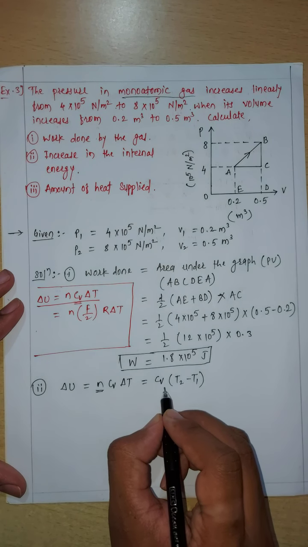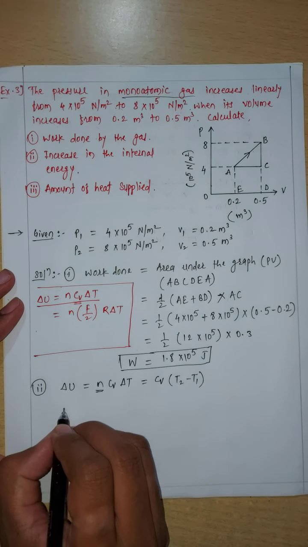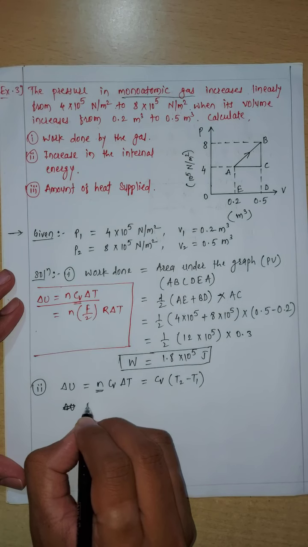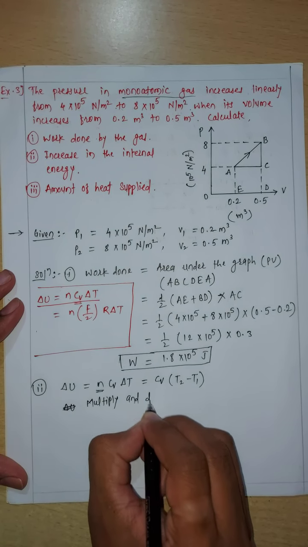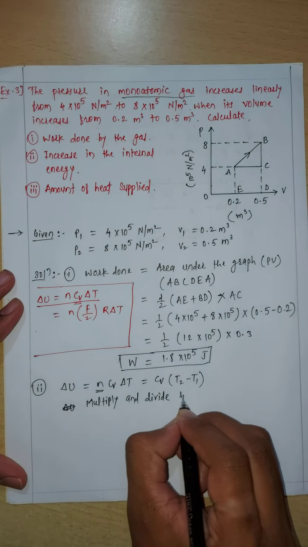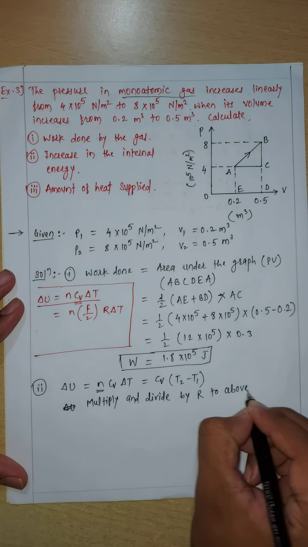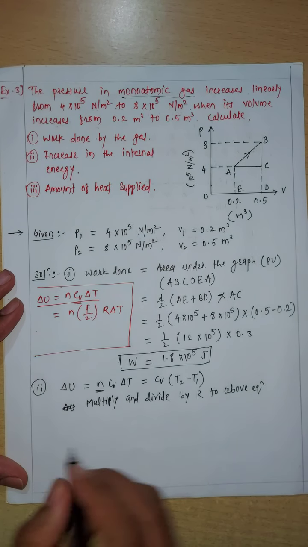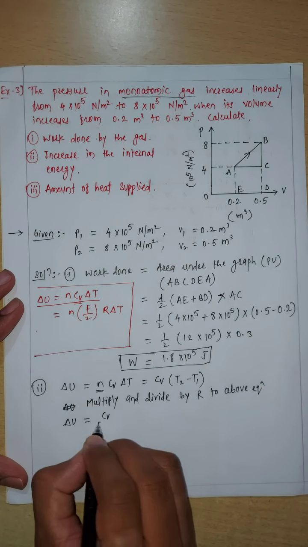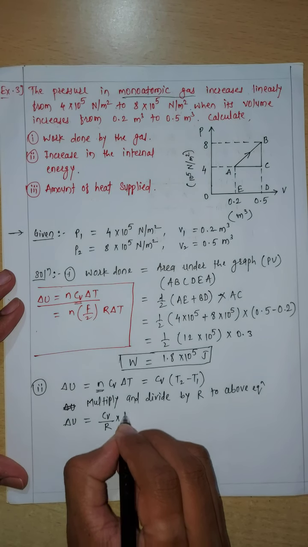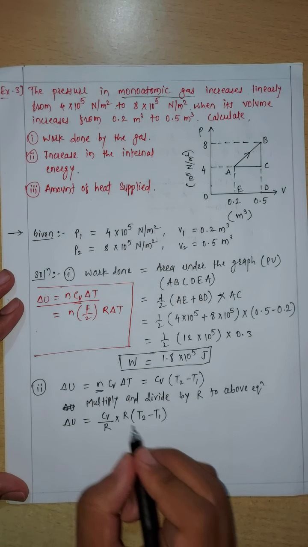If we multiply and divide this equation by R, then delta U is equal to Cv upon R into R into (T2 minus T1).